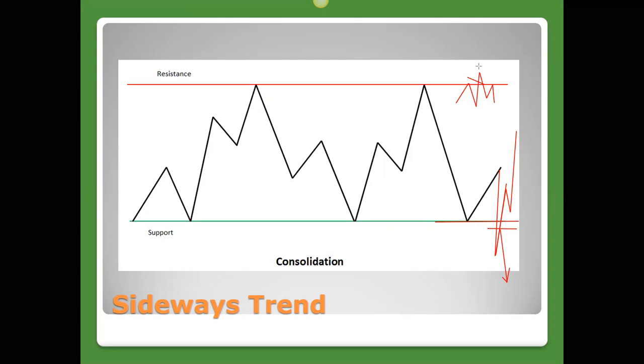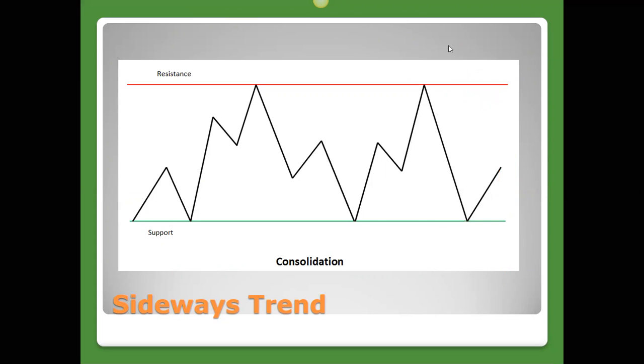Here price broke out and looked very bullish, like it was going to keep on going up, and some people will take a trade as the price breaks through. Next thing you know, you're caught in a false breakout and the price comes back and starts trading within the range.